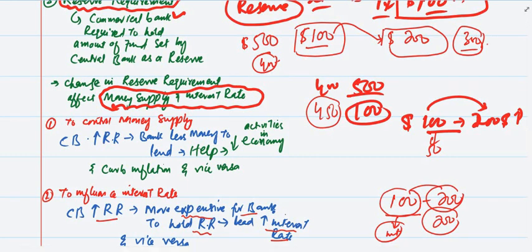It means that when the central bank increases the reserve requirement, the bank will have less money to lend to consumers and businesses. This will reduce the supply of money in the economy, and if the money supply reduces, then economic activities will also reduce, and for this purpose the inflation will also reduce.